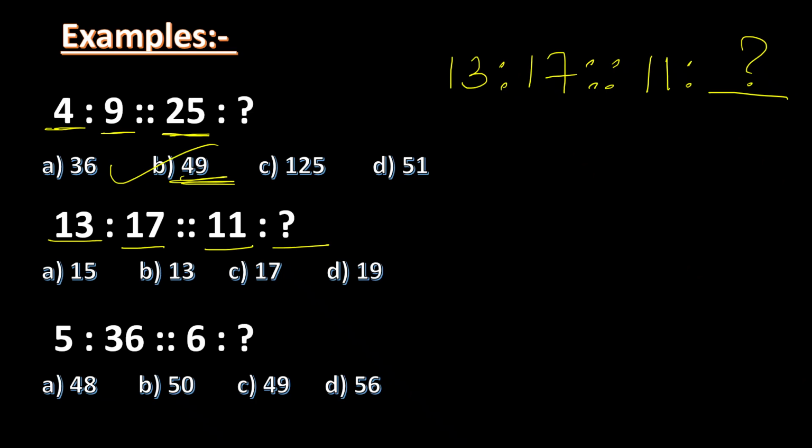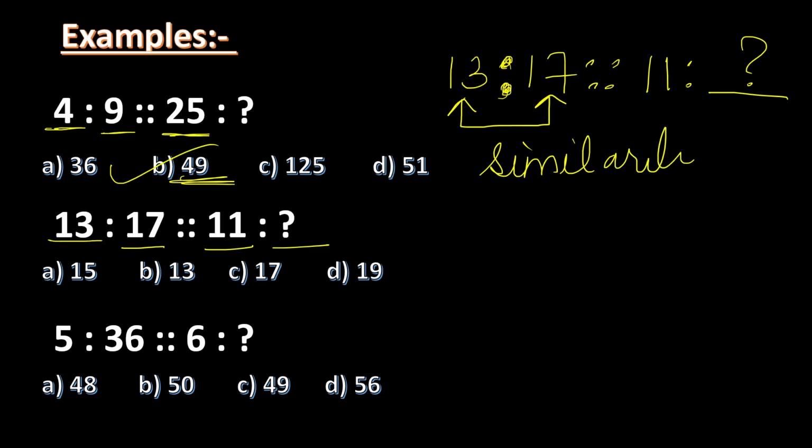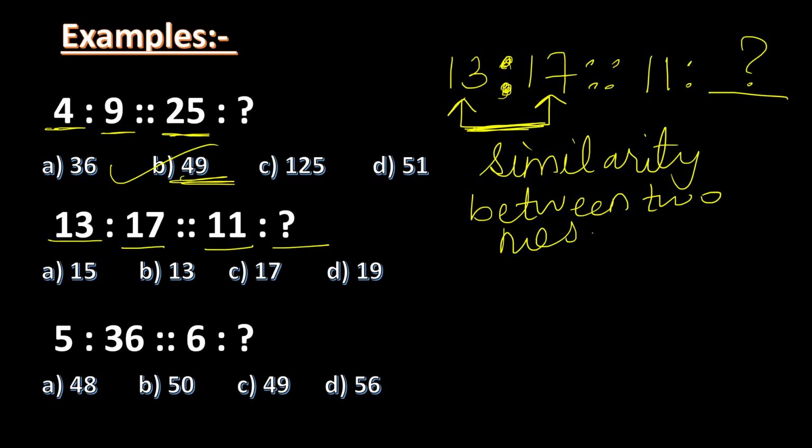Try to find out first the logic or the similarity between these two numbers. Whatever similarity you find between the two numbers they have given here, the same logic will be applied for these two numbers.